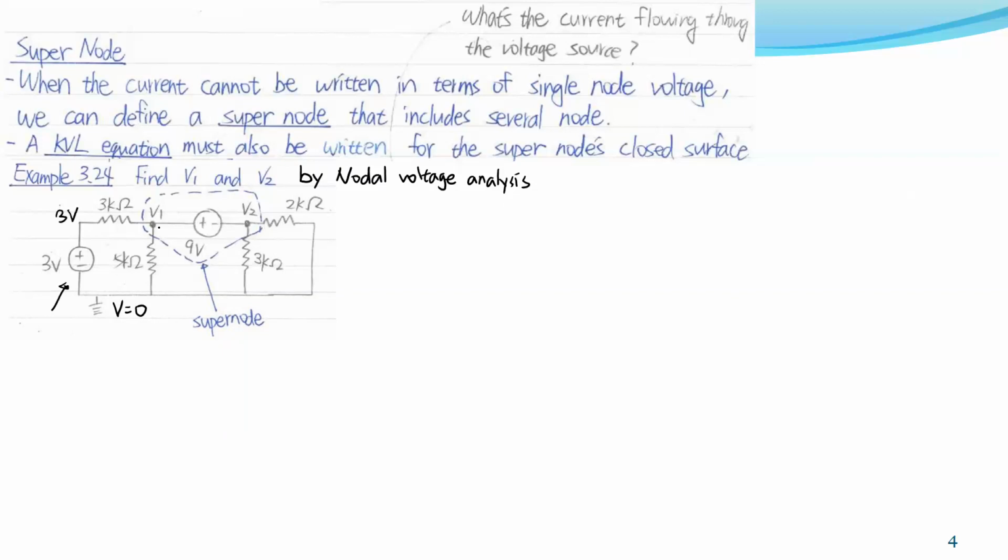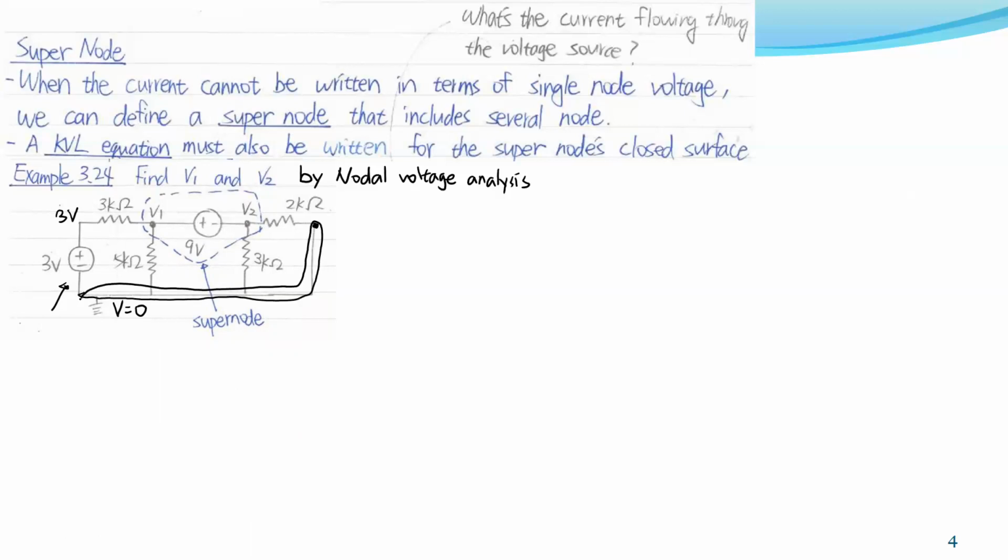We define the voltage at node 1 as V1 and the voltage at node 2 as V2, and here is also 0, because these points are all connected together. So this is all 0.